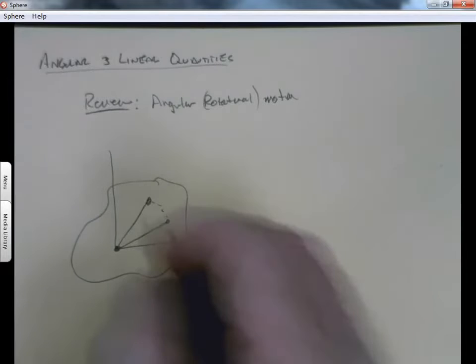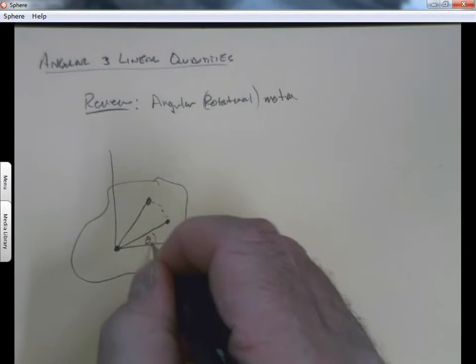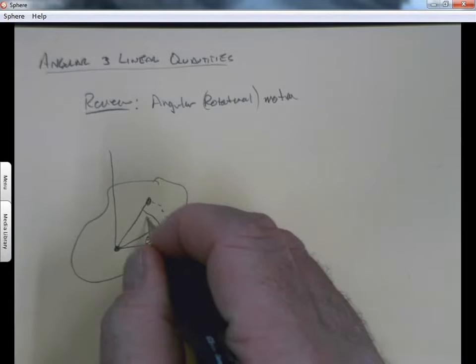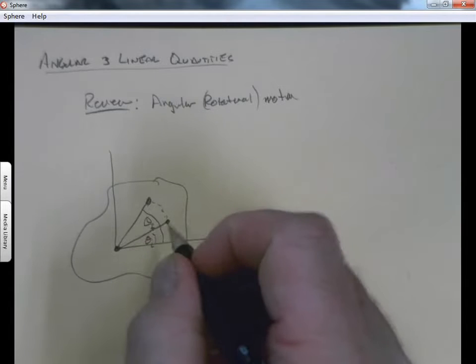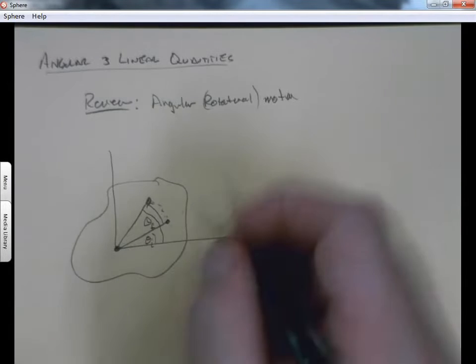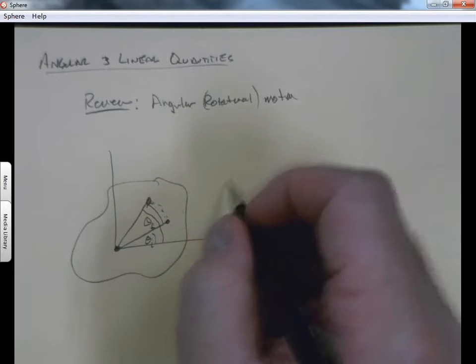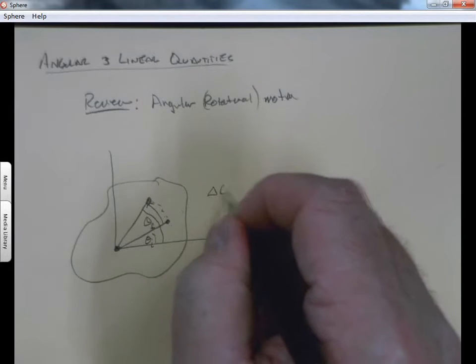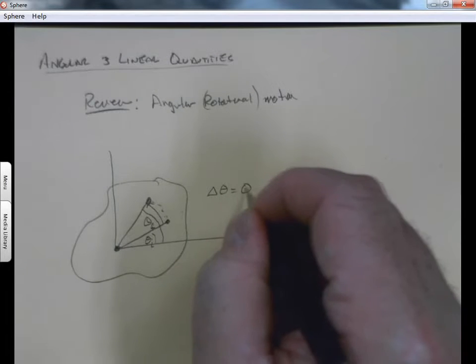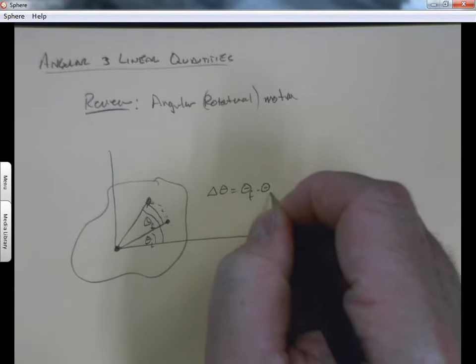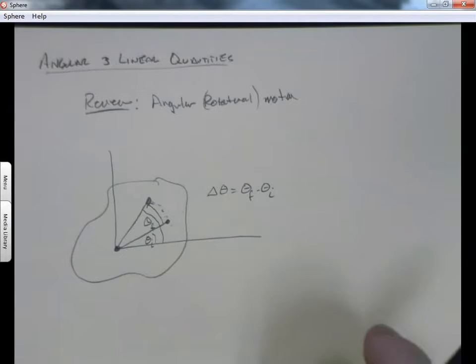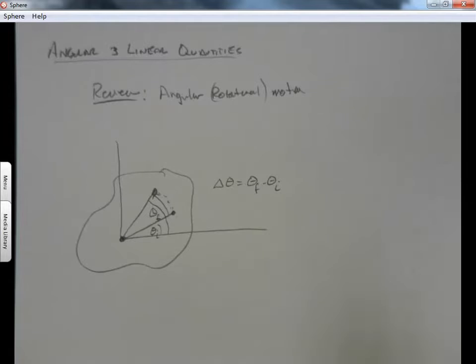And so we would call this angle theta initial, and this angle theta final, and so the difference between the two would be our change in theta, which would equal, of course, theta final minus theta initial. All right, that's how we get our angular displacement.